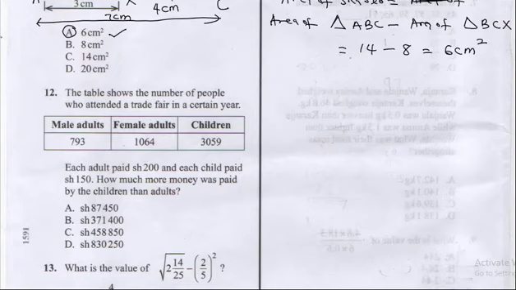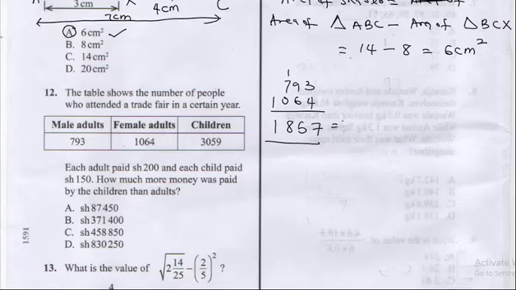So let's get what the adults paid. Now remember, the adults are both the male and the female. So the first thing we're going to do is sum up the total adults. So we'll do 793 plus 1064, and this is going to give us 7, 5, carry 1, 8.